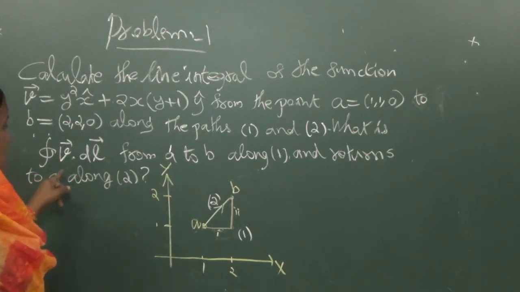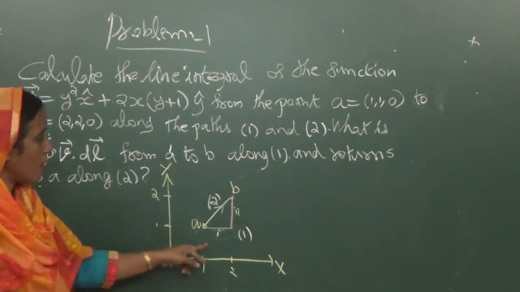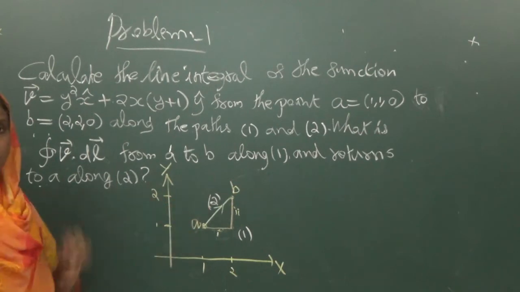What is the integral of v dot dl from a to b along path 1 and returns to a along path 2?